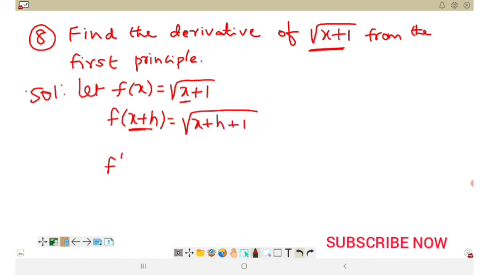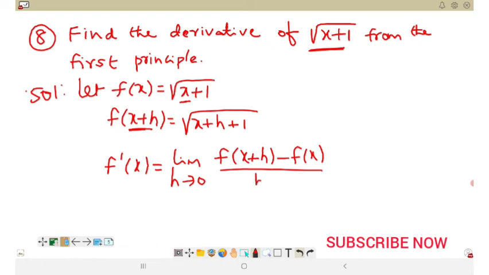So f dash of x is equal to limit h tends to 0, f of x plus h minus f of x by h.